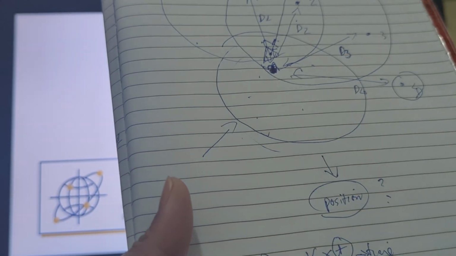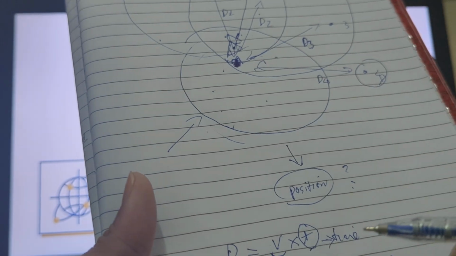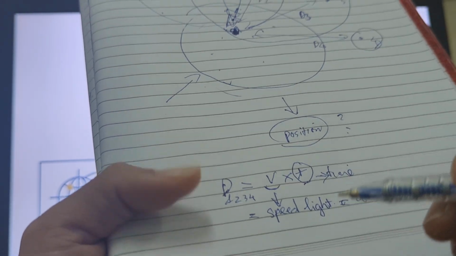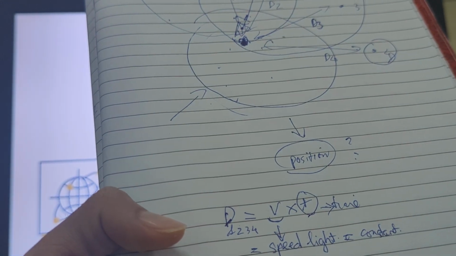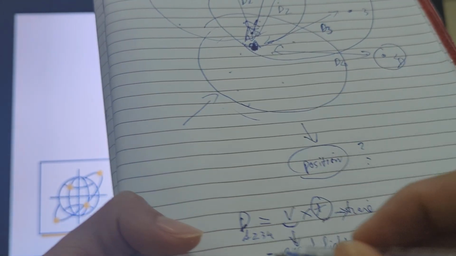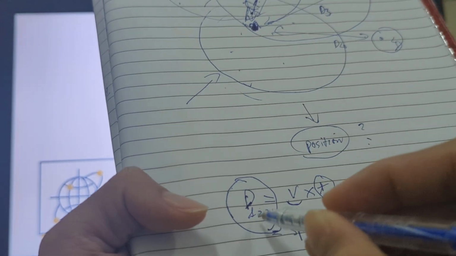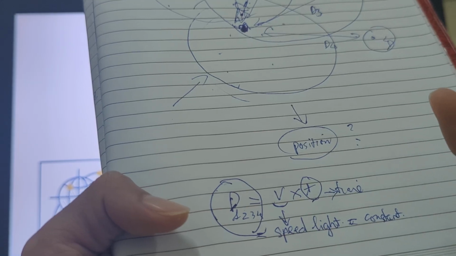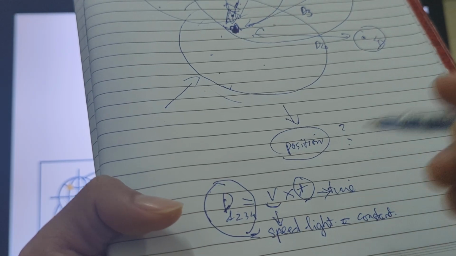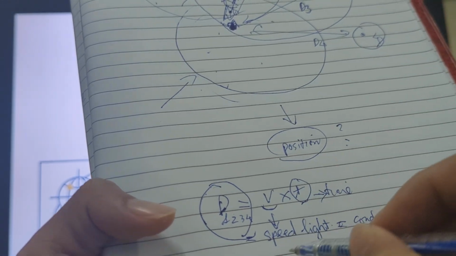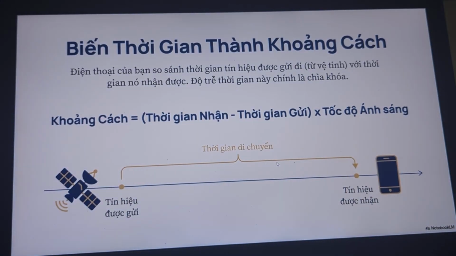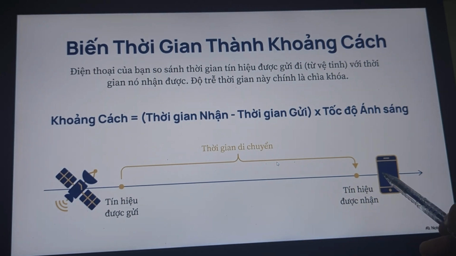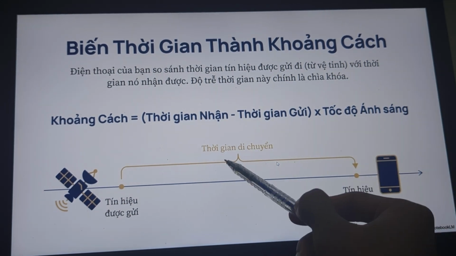So at a certain time, if you want to know the distances D1, D2, D3, D4, the satellite will send information to the receiver on the Earth with two important parts.